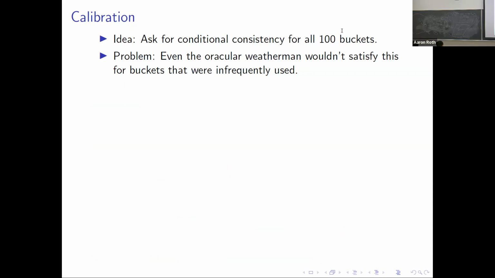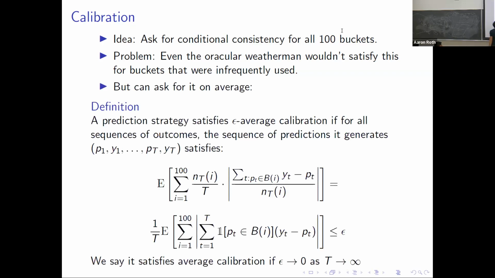And so the problem is, we can't actually ask for this average consistency error to be small on every bucket, because it can't be for buckets that were infrequently used. But what we can do is ask it to be small on average, where we average over the different buckets in proportion to how often predictions were made in that bucket.